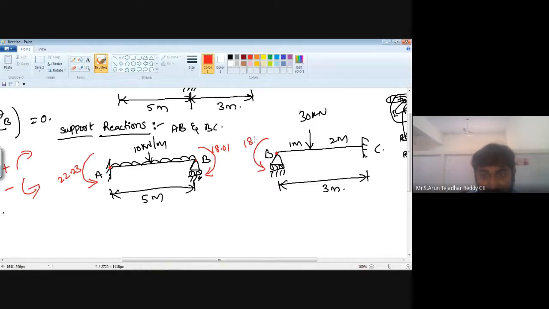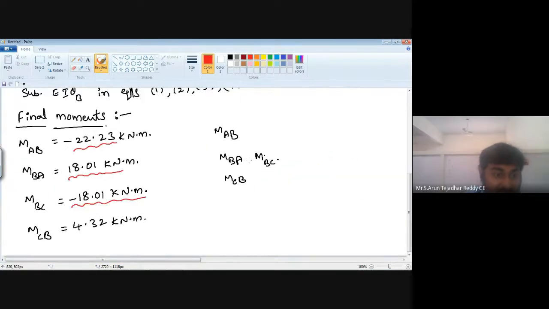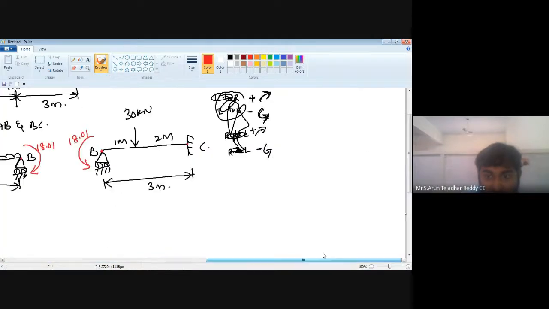Okay, 18.01. Next, last point C. It means C to B. Final moment for CB is 4.32 kilonewton meter. Here it is positive value. So positive means it's a clockwise direction.